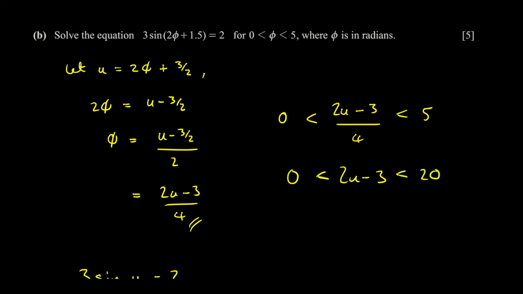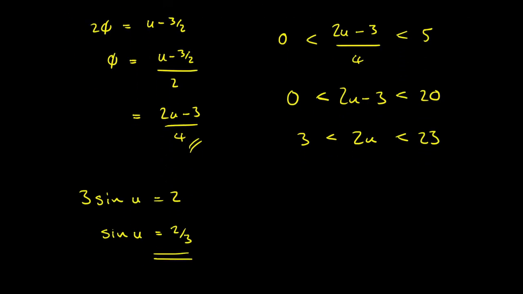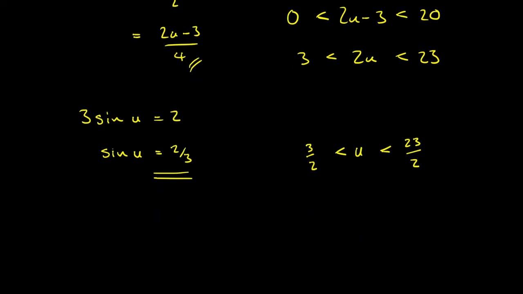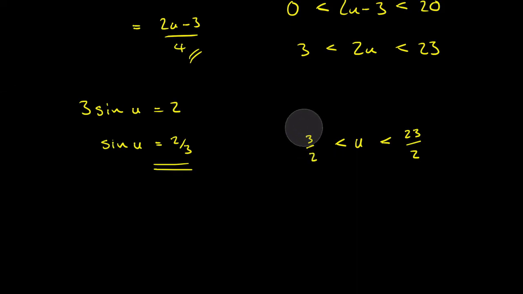And then if I add 3 to everything, that means that 2u must be between 3 and 23. And then if I divide by 2, that means u has to be between 3/2 and 23/2. Or if we prefer, 1.5 and 11.5. So 1.5 there and 11.5.